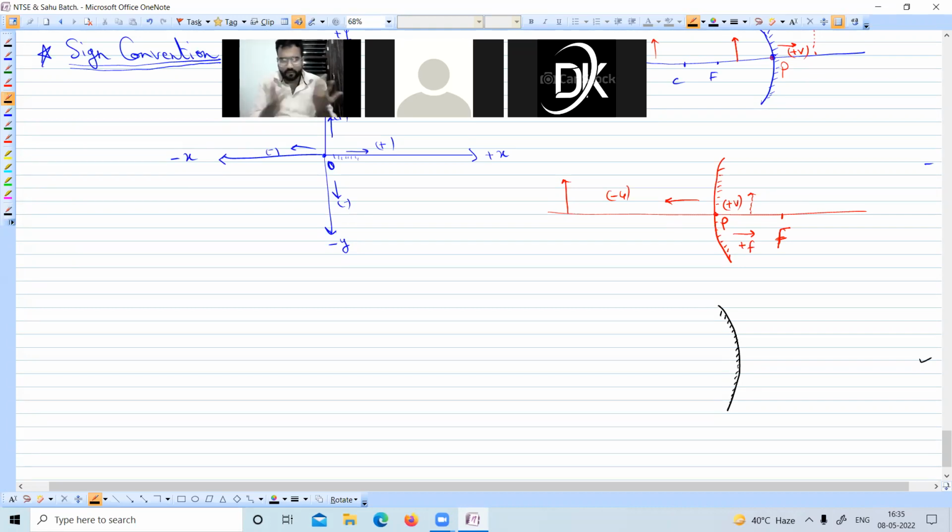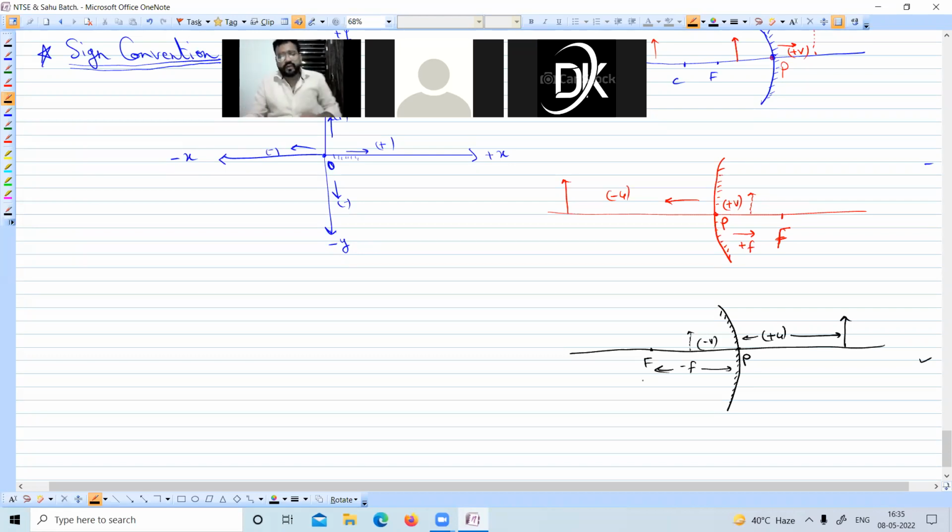You are seeing your face on a handy type of plane mirror and you can tilt it anywhere. So I have given you this situation. In this case, what will you do? Now see, from the pole, you will place an object in front of the reflecting surface only. So you will put the object here. Now here u will be positive. Yes or no? And focal length will be negative and the image formed will be negative.